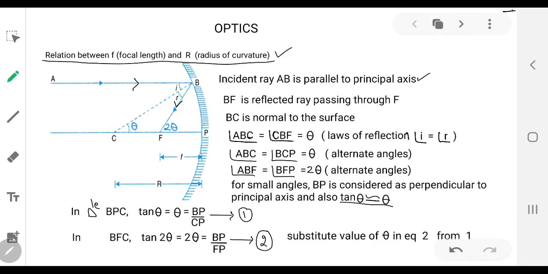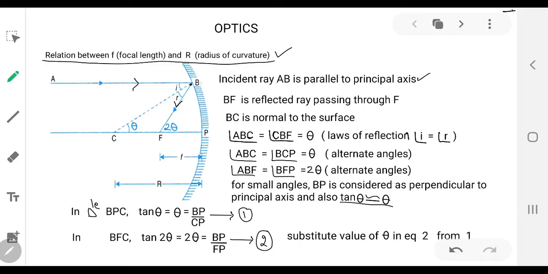So for this purpose we require the normal to the surface. Now what is the normal to the surface? It is a perpendicular line drawn at the point of incidence. So at point B we have to draw a perpendicular line.